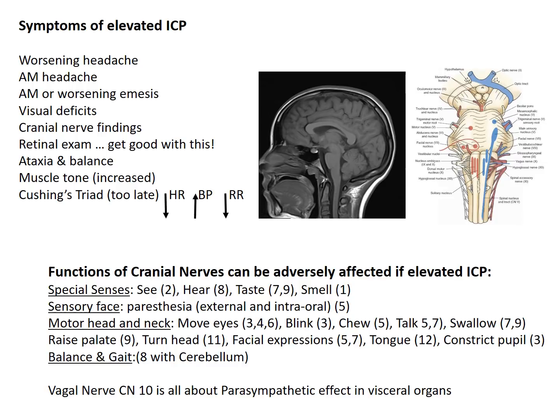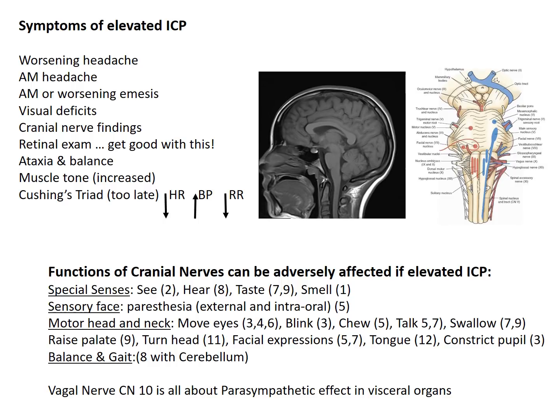So headache, fairly classic, particularly morning headache, which is worse in the morning, vomiting which is worse in the morning, visual deficits, cranial nerve findings, changes on the retina, ataxia and balance problems, inability to hold coordination, difficulty walking, increase in muscle tone, and then eventually, as pressure continues to elevate, signs of Cushing's triad with elevated blood pressure, low heart rate, and Cheyne-Stokes respiration.